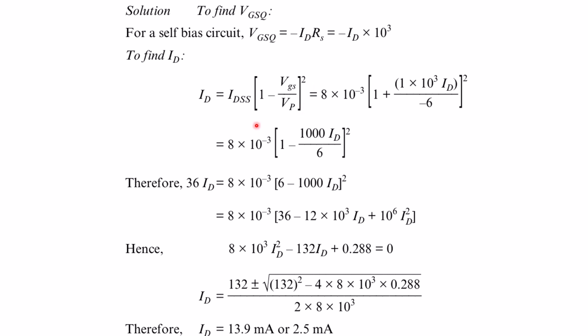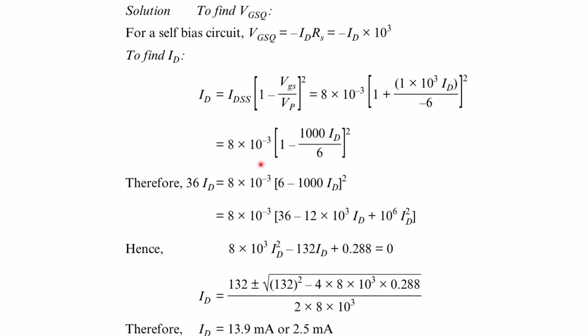Substituting the given data, IDSS as 8 milliamps, so 8 into 10 power minus 3 within bracket 1 plus the VGS value, 10 power 3 ID divided by VP, the pinch-off voltage of 6 volt, so the minus sign is there, the whole square.